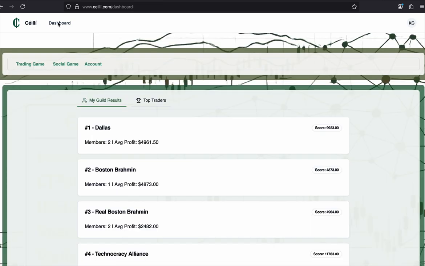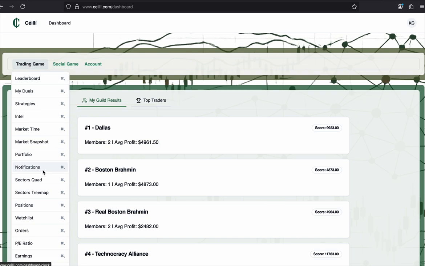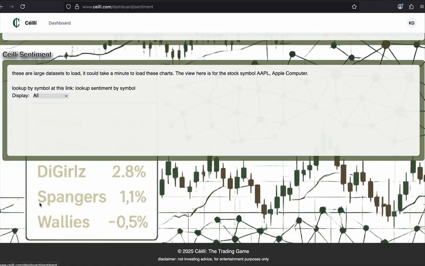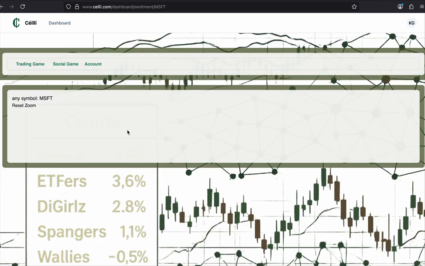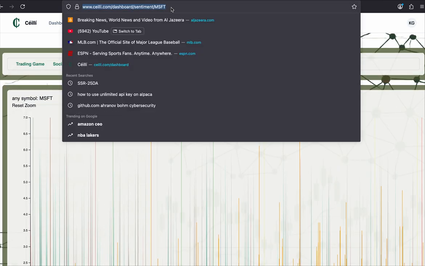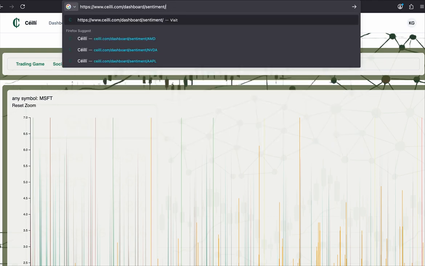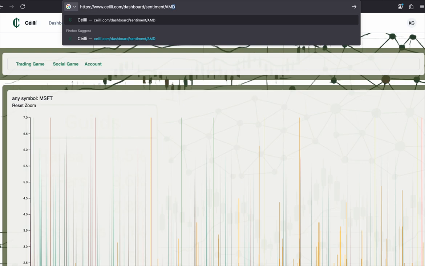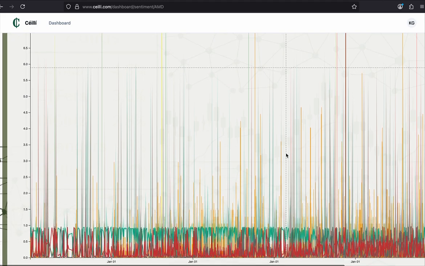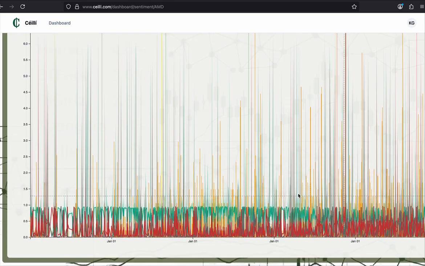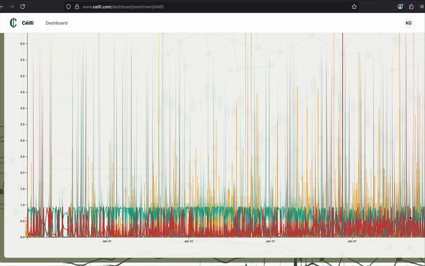But if we go into the sentiment charts, this one is the default chart for Apple. But if we click on this link, we can, by going to the address bar, just simply type in AMD, and this will give us the sentiment chart for AMD for the last 5 years, basically.